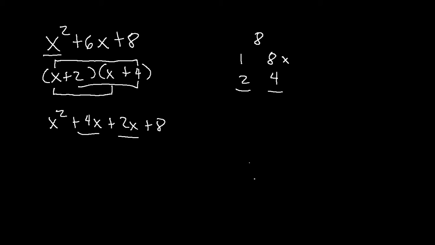Add like terms. Now we get x squared plus 6x plus 8. This is the same as our original expression, so that means that we indeed got the right factors.